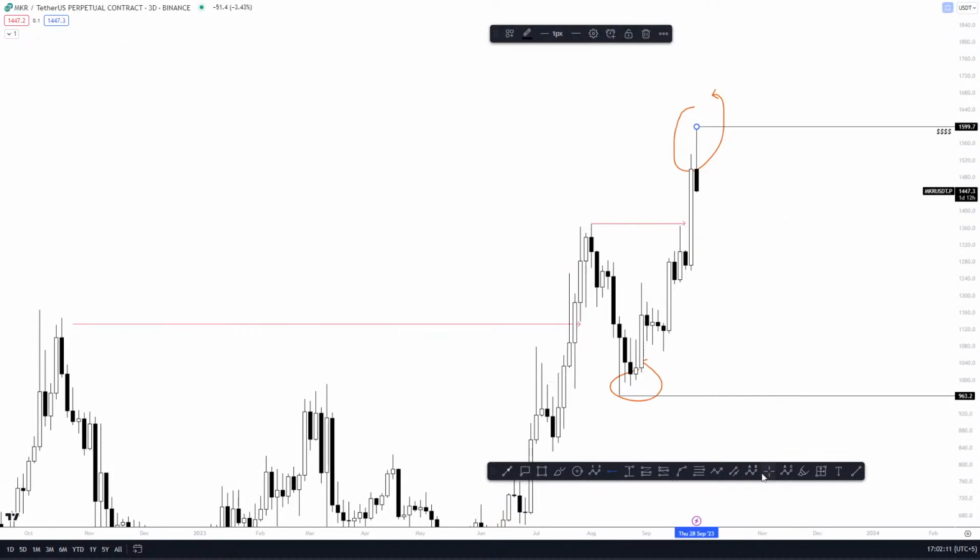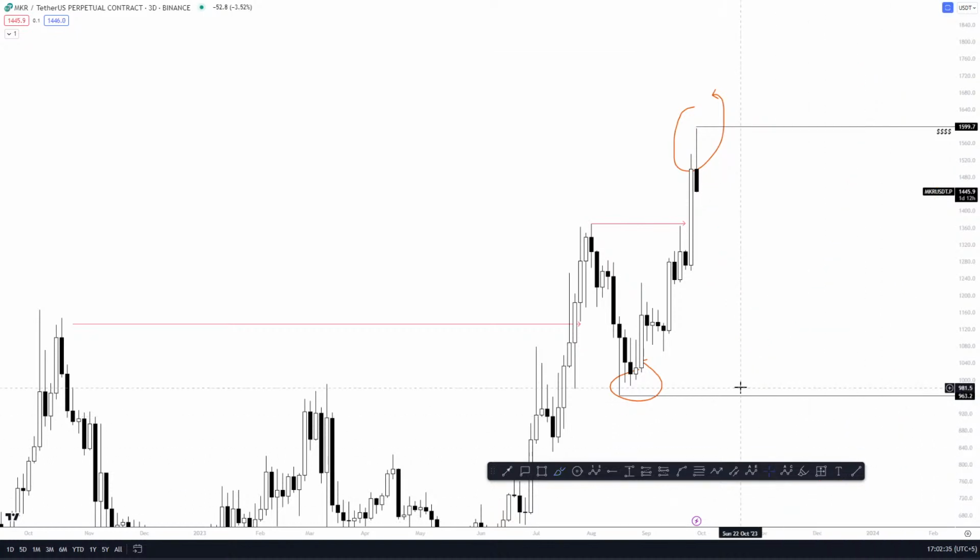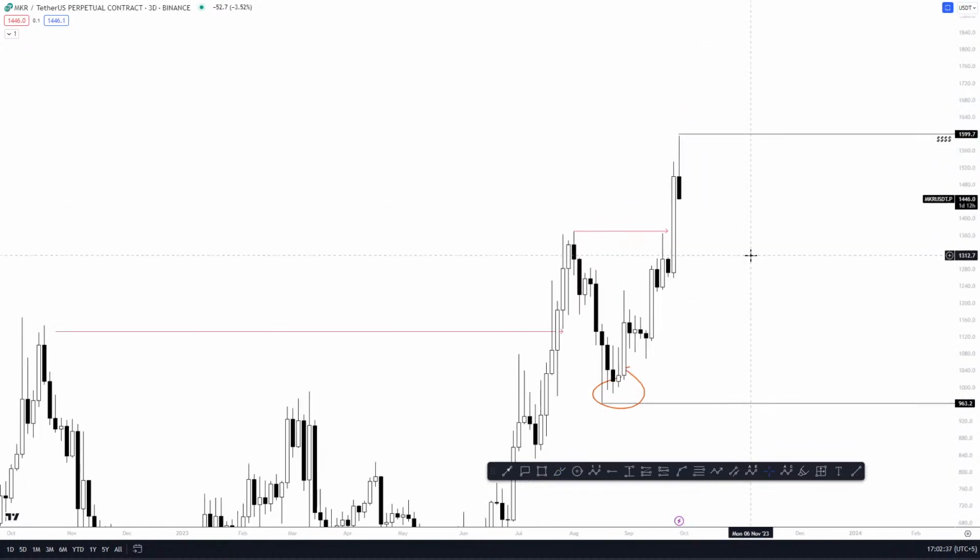But we don't know whether the price will clear out from here, or it will clear the low. No, we will not know. So if we take a long from here, this is nothing but gambling. That's why I recommend that if lower time frame is presenting some longs, I will go with it. But if lower time frame does not present any long, I will not go with it. Okay, so MKR is bullish overall. Let's move down.